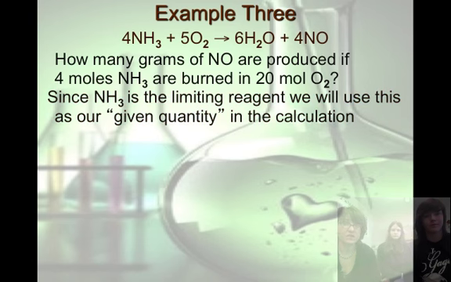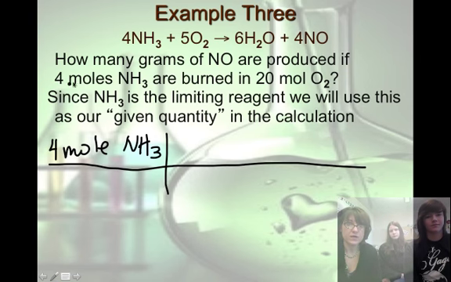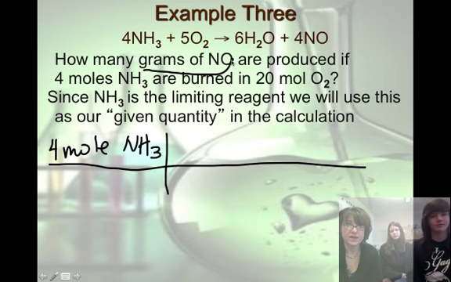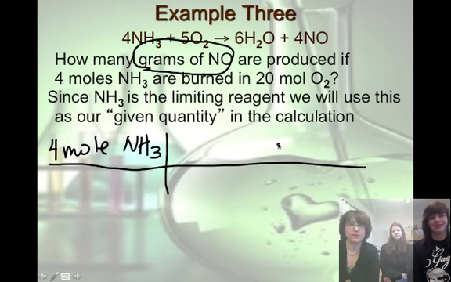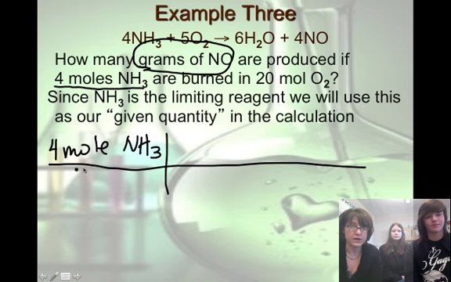And so we're going to start a T table with 4 moles of ammonia because that runs out first. But my question is asking how many grams of NO. I'm going to circle that. I always circle my target because targets are round, so I circle them. It helps. All right, and then this is my starting amount that I put on my starting line of my T table. Now it's ready to run the race.